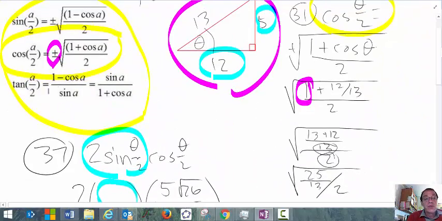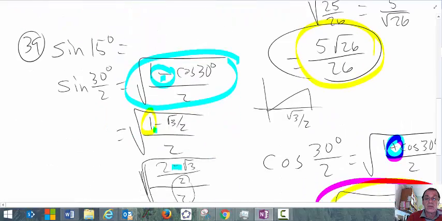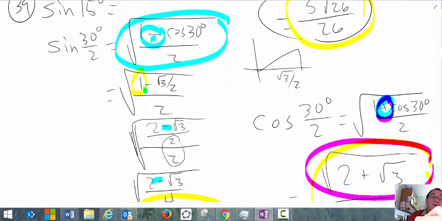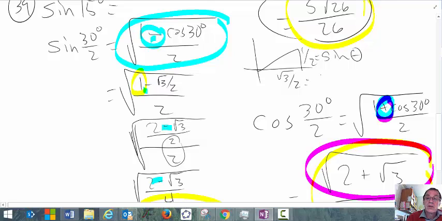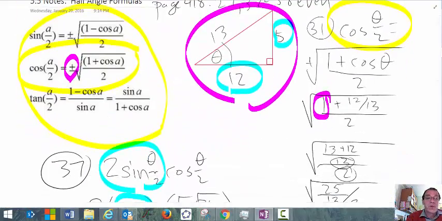And now, which formula should I use? Well, let's go back to this triangle for a minute, this 30-degree triangle, which I drew right here. And remember that this is the sine of theta, and this is the cosine of theta. Now, how do we decide which formula to use? Well, one formula puts the sine in the bottom, the other one puts the cosine in the bottom.